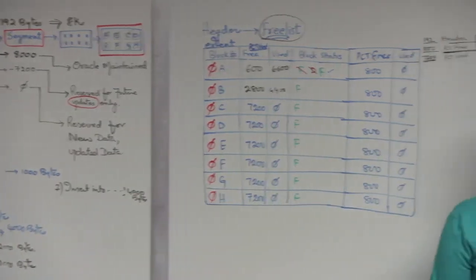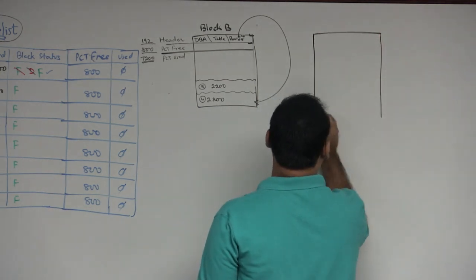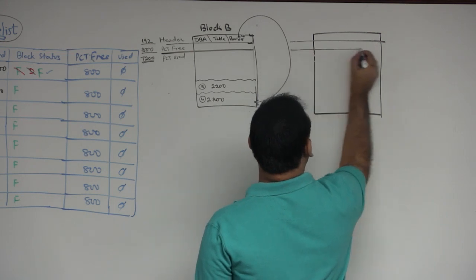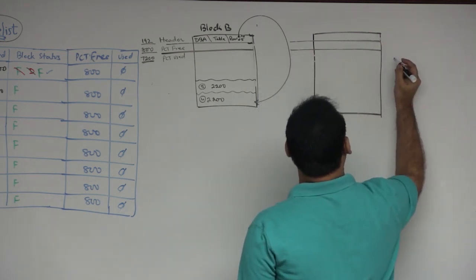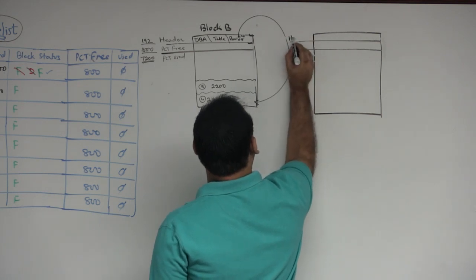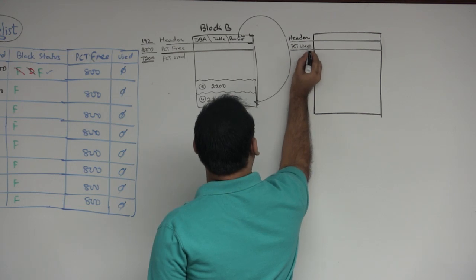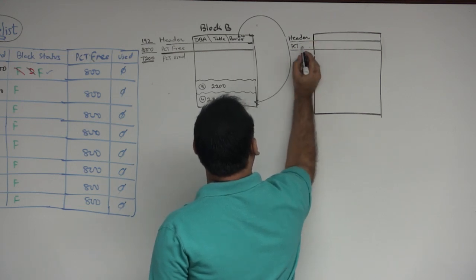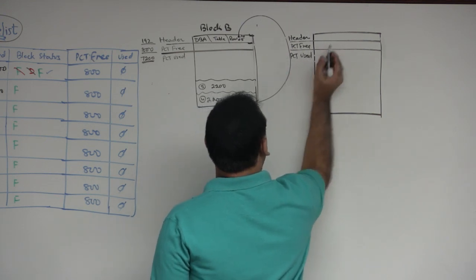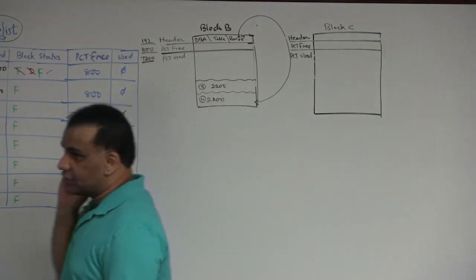So here I'm going to come up with block C. Now block C has the header part, and then it also has the PCT free and PCT used. This is the header, PCT free and PCT used, and this is block C. Are we okay so far?